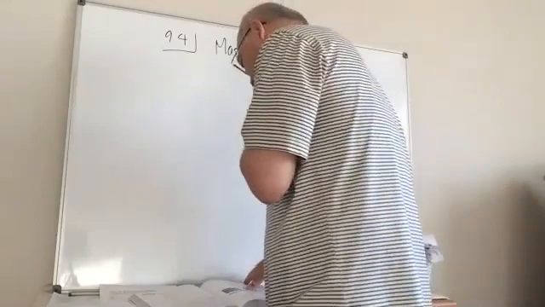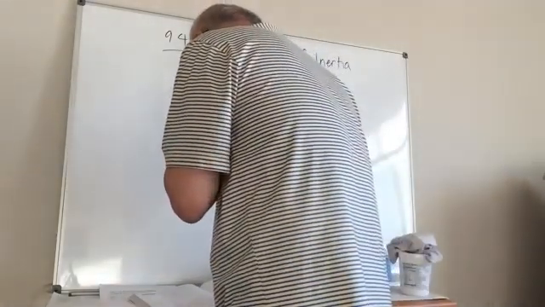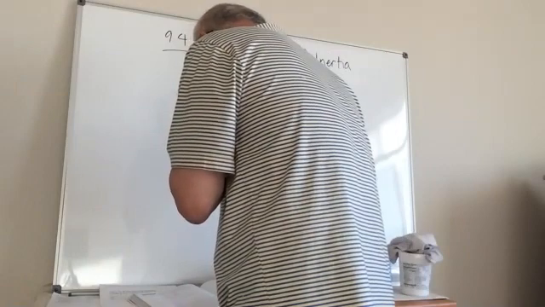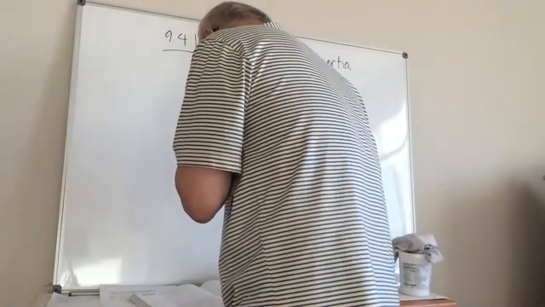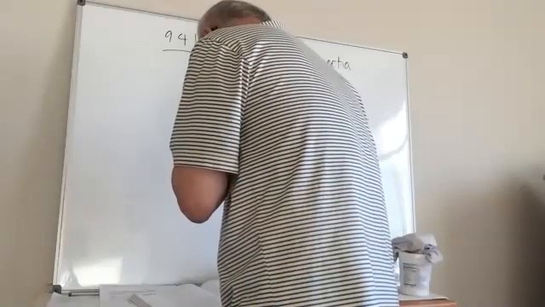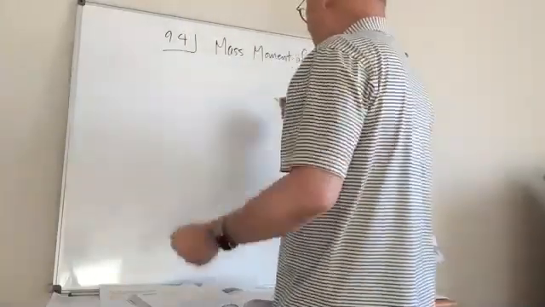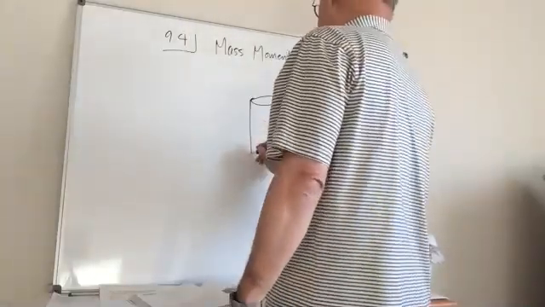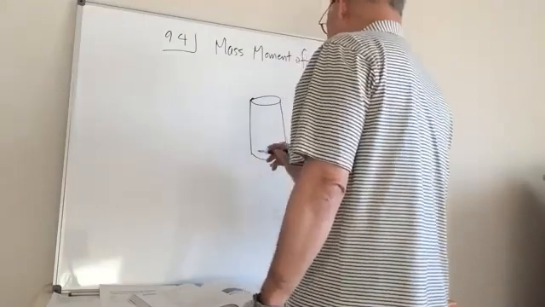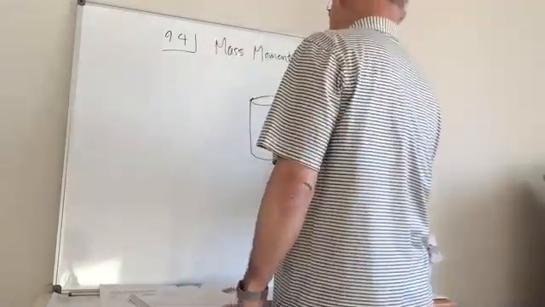Example 9.1 says determine the mass moment of inertia of a steel shaft that is 2 meters long and has a diameter of d centimeters. The density of steel is given. So we have something that looks like this, and it is 2 meters long.